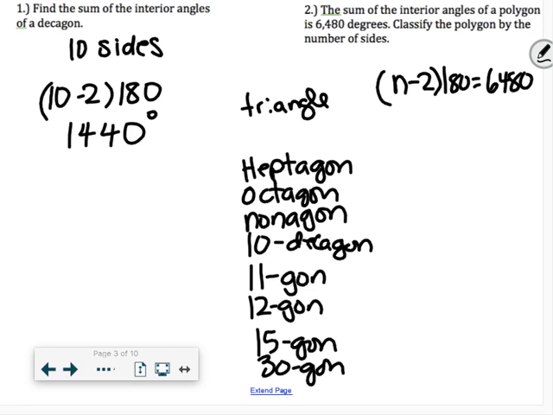Okay? So this 180 is attached to the parentheses by multiplication. So 2 things you can do. You can distribute that 180 and then take a 2-step equation to solve, or we could simply divide both sides by 180.